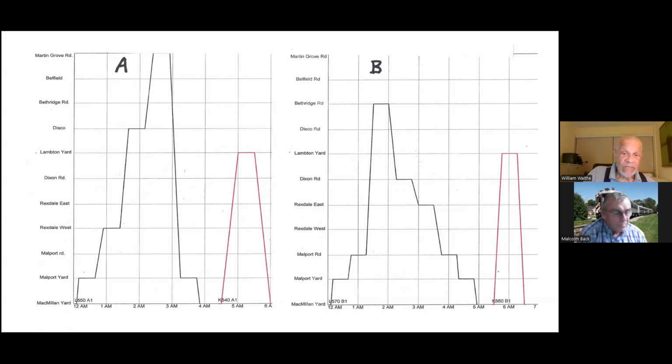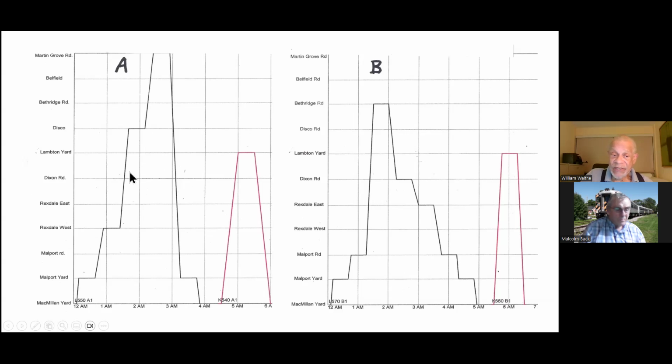This shows the switch list that's produced by the software. This is the A local, and it shows the timeline of delivery to different industries on the layout.